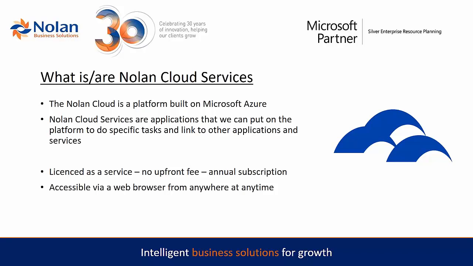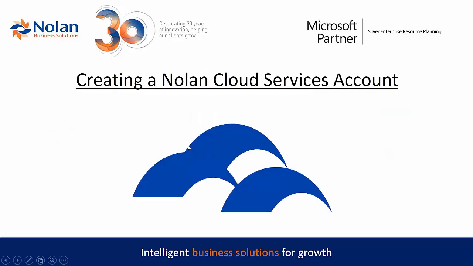You only pay £250 for that group. If you've got 6 companies but they're all individual VAT entities, you have to pay 6 times £250 because each is an individual entity. That's how it's licensed, and obviously it can be accessed via a web browser from anywhere.